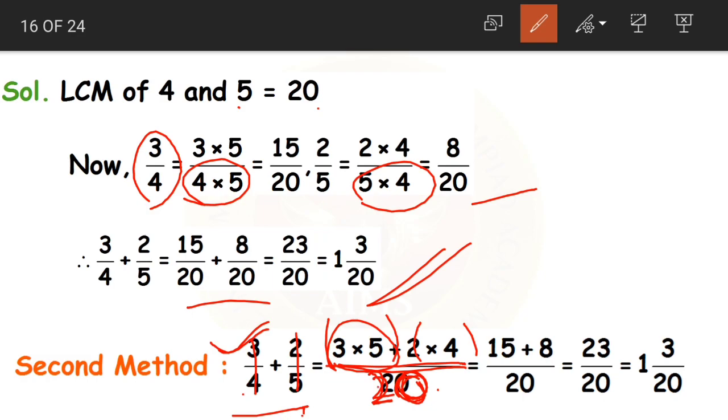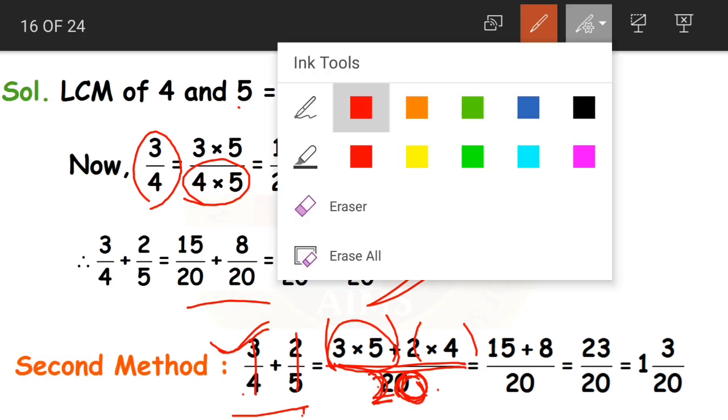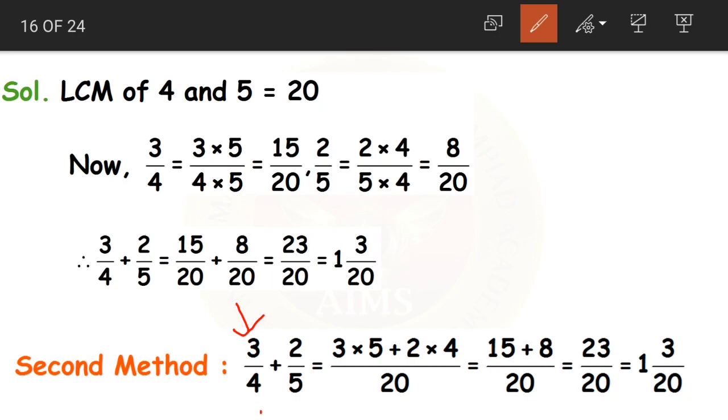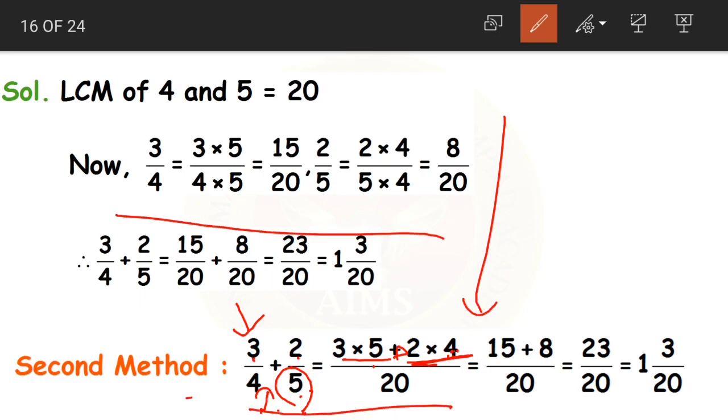Here for 3 by 4 the denominator is 4, so we need to multiply with 5. 3 into 5 plus, now for 2 by 5, 5 is the denominator, so we need to multiply the numerator with 4. Why? Because 5 4s are 20. Clear, students? Both the methods are the same. This one is just easier. This method has fewer steps when compared to the first method.